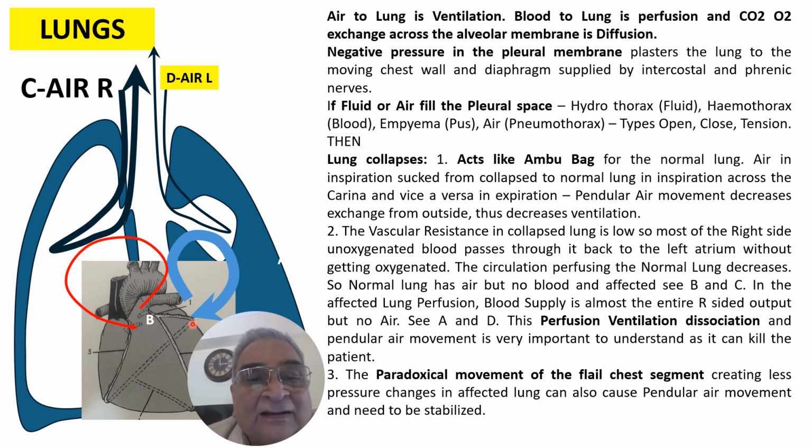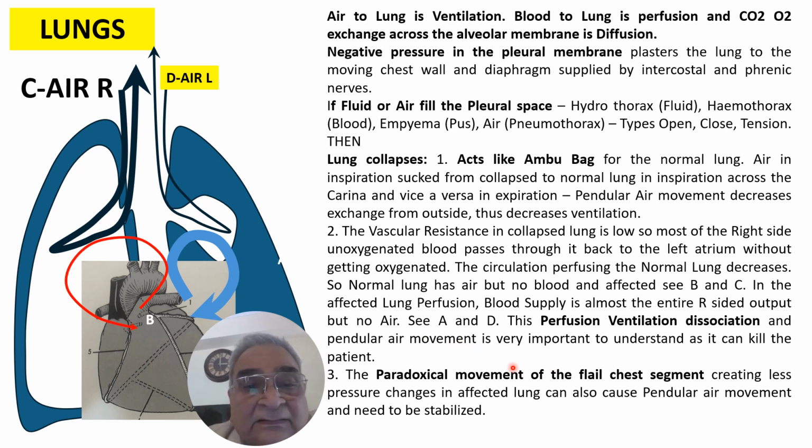The collapsed lung is not ventilated but fully perfused, and the normal lung has all the air but no blood. So this is called the perfusion-ventilation dissociation. And this air movement by the ambu-bag phenomenon is called the pendelluft or the pendular air movement, as it's impeding ventilation.